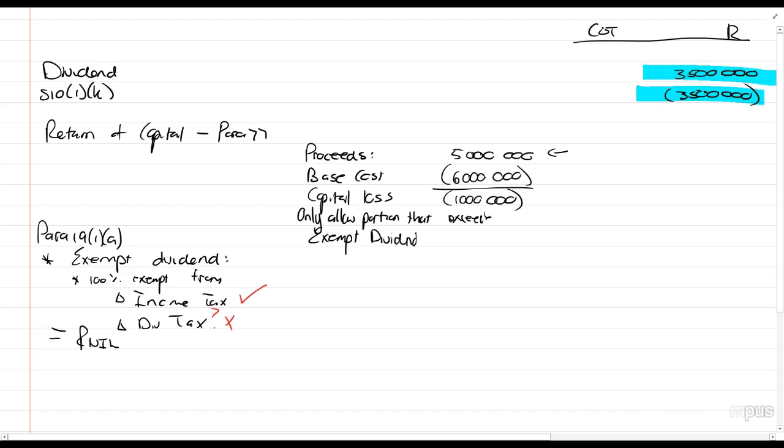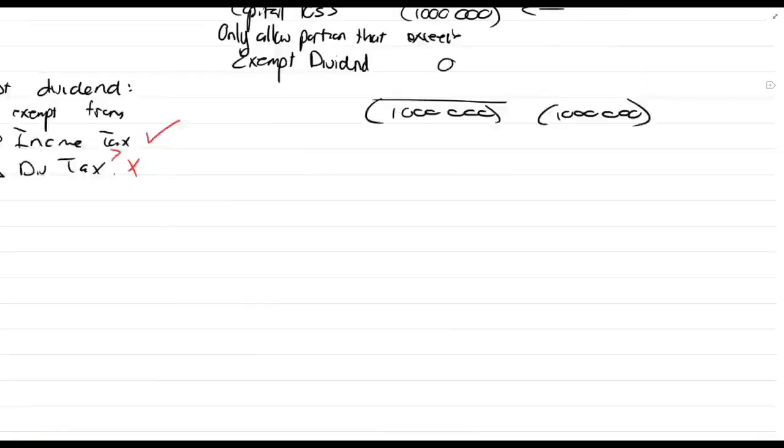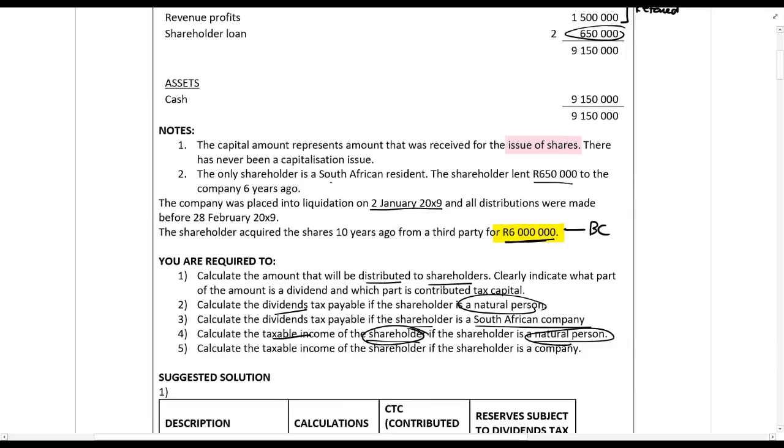And what is our exempt dividend? Nil. So how much of the million rands loss exceeds nil? The full amount exceeds nil rands. So that full amount will go into my CGT column. Okay, that is when the shareholder is a natural person.